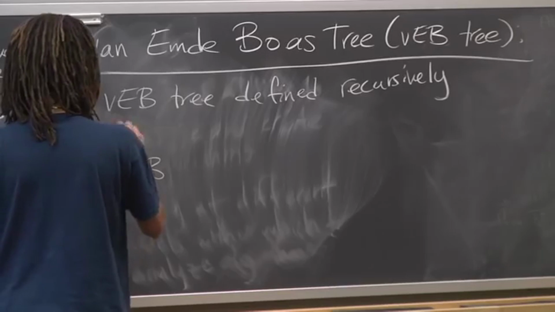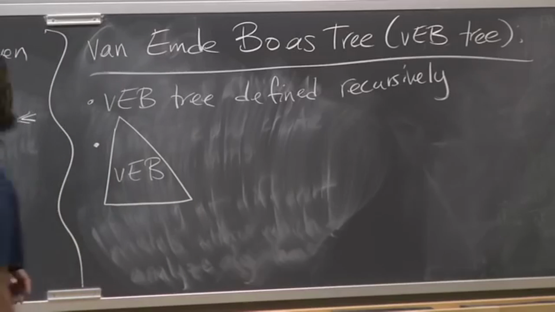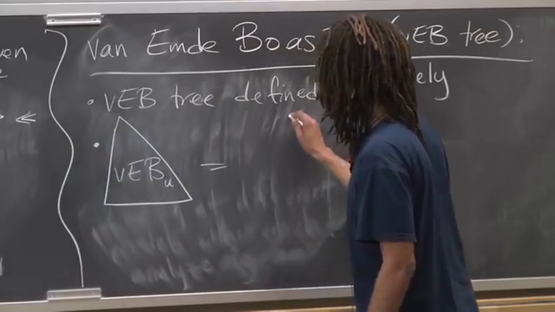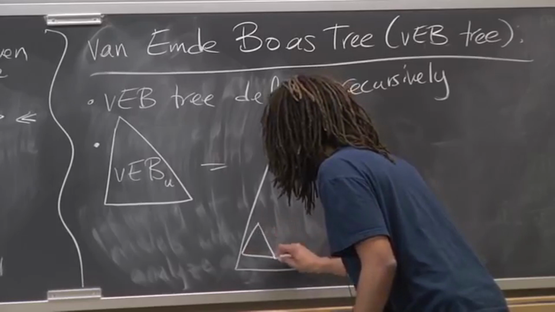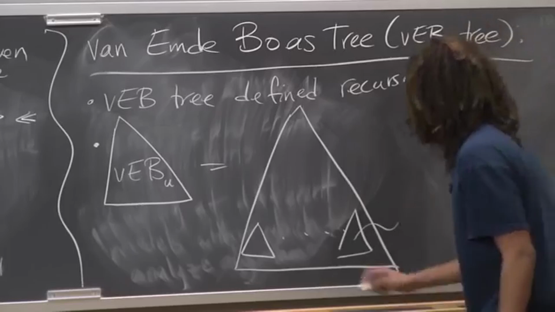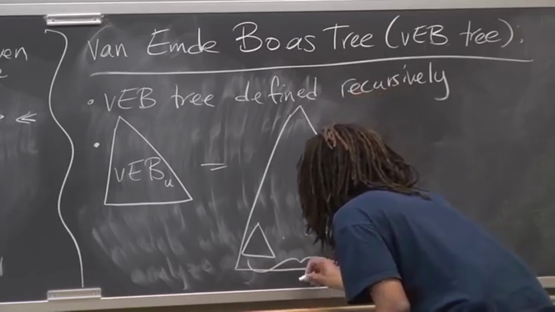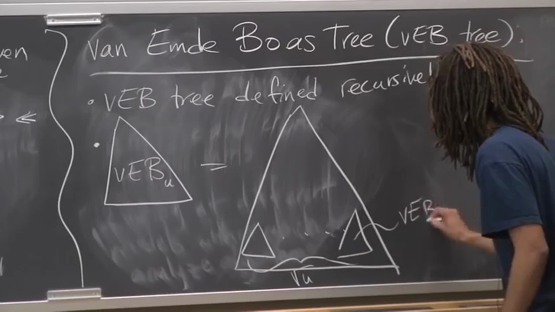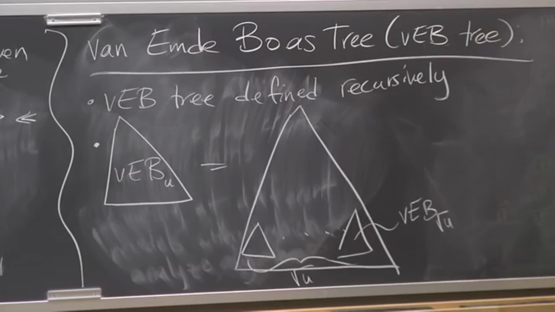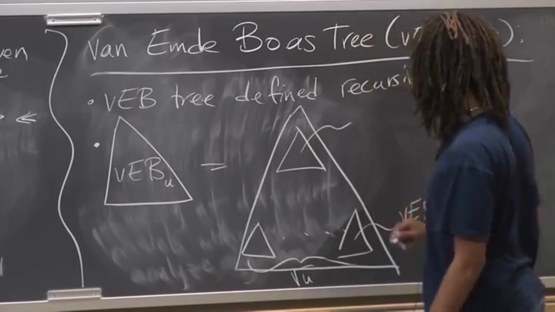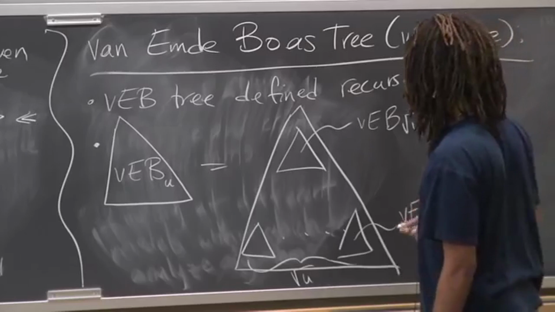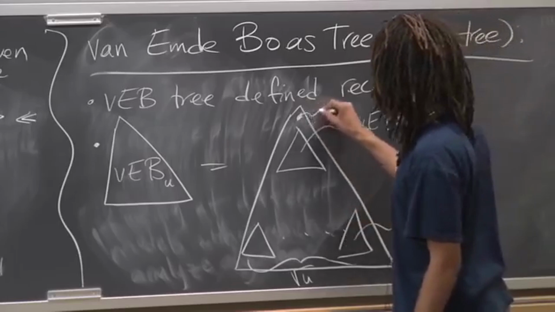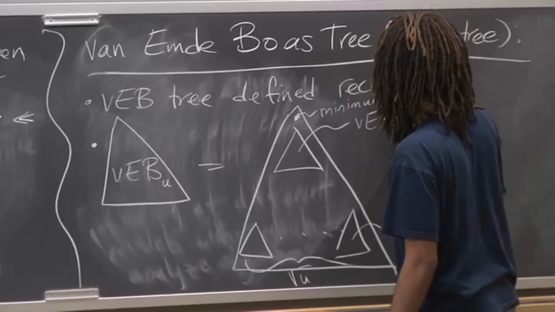So let's say this is on a universe, say, of size U. If I open up what it looks like inside of that data structure, it'll have square root U VEB data structures, each on a universe of size square root U. And there will also be a top one on universes of size square root U. And separately, we'll also store one extra element, which is the minimum element in the data structure.